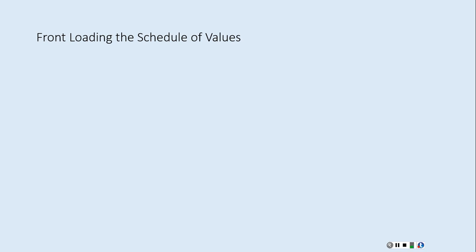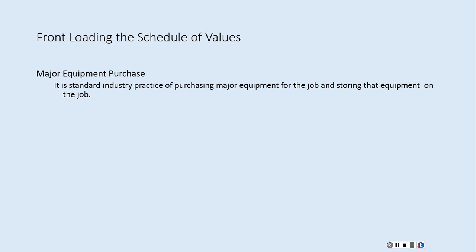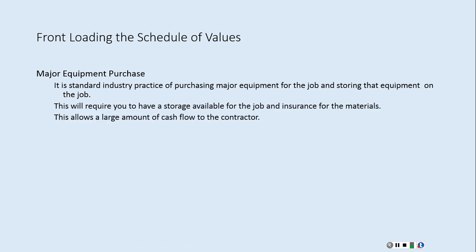Another item we look at with front-loading a schedule of values could be major equipment purchase. Sometimes when we purchase equipment, it's either shipped right away or it's set for manufacture and delivered prior to when we need to install it.